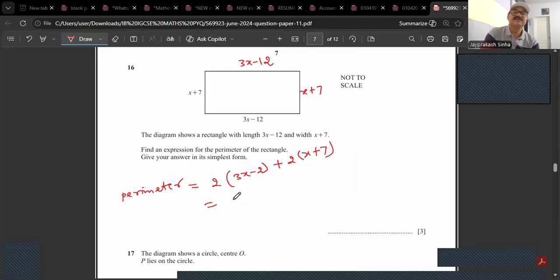So this will become 6x minus 24 plus 2x plus 14. So 6x plus 2x is equal to 8x, and 14 minus 24 is equal to minus 10. So this is your 8x minus 10, the perimeter. Perimeter is the sum of all the sides.